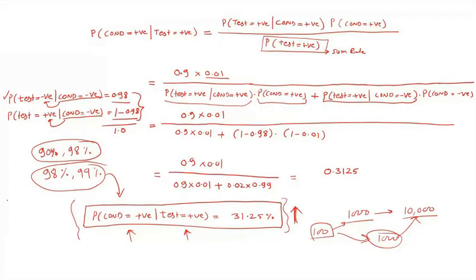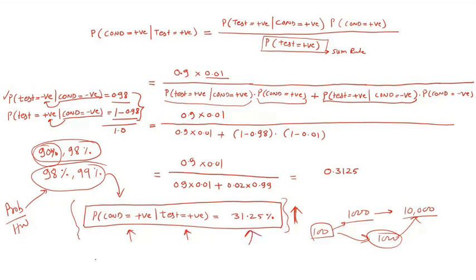So I suggest you take this as a homework problem. Just change the figures to 98% from 90%, redo this calculation on your own and see what happens. Is this improving?